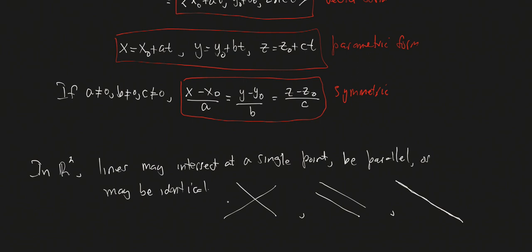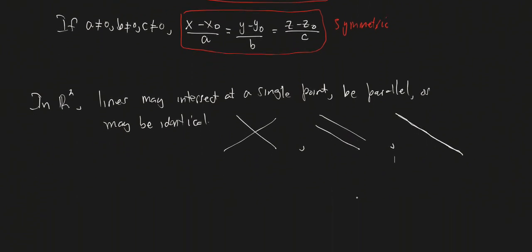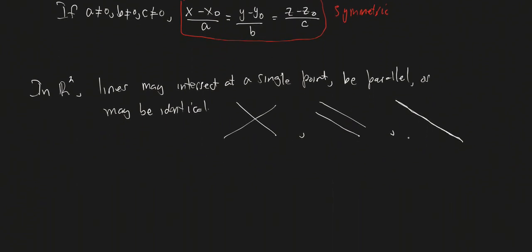So if I give you a pair of lines in R2, one of these things must be true: either one point of intersection, no points of intersection, or technically infinitely many points of intersection when the lines are identical. In R3, these things are also possible, but there is a fourth possibility.